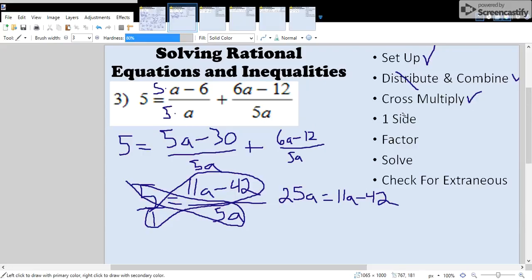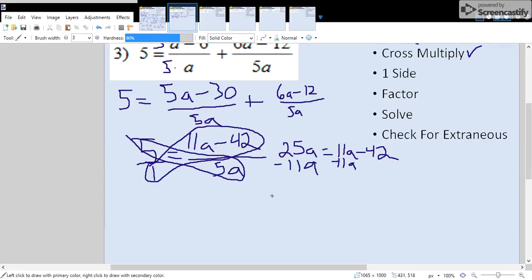Now we're going to move everything to one side of the equation. Let's move everything over to the left side. So go ahead and subtract 11a from both sides of the equal sign. So then we get 14a equals negative 42.